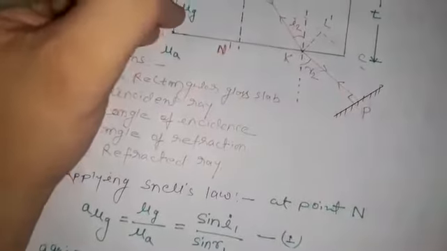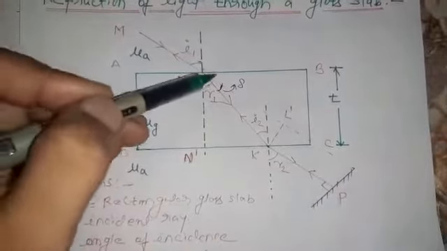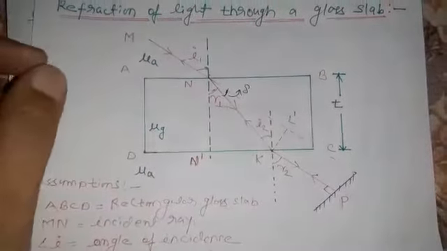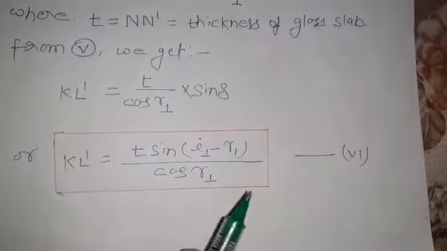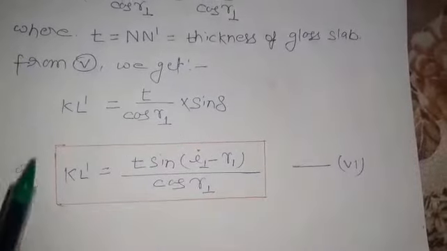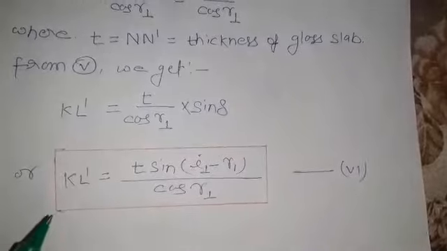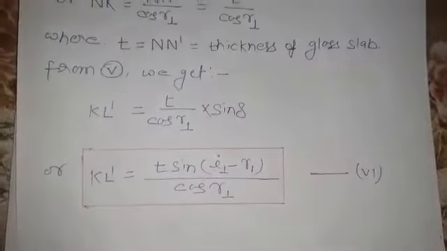See the figure, you can see from the figure, I1 minus R1. So KL dash equals T sine I1 minus R1 upon cos R1. This will be your lateral shift, or lateral displacement, equation number 6.